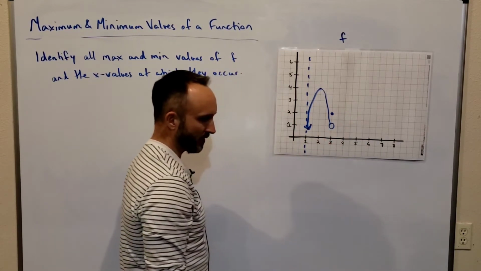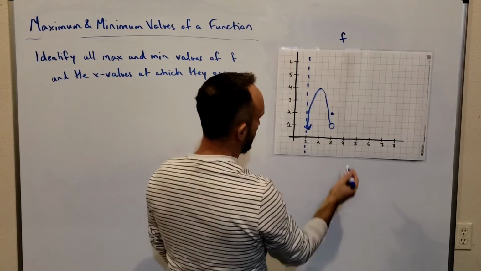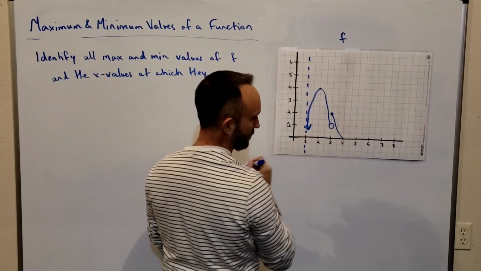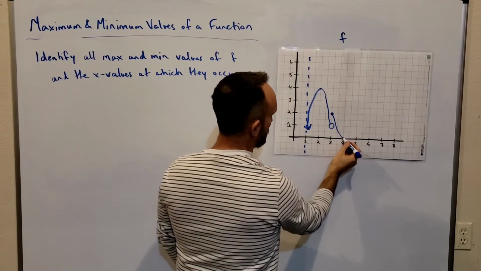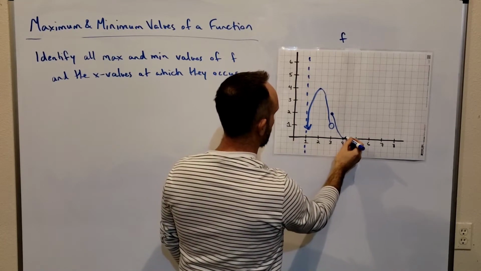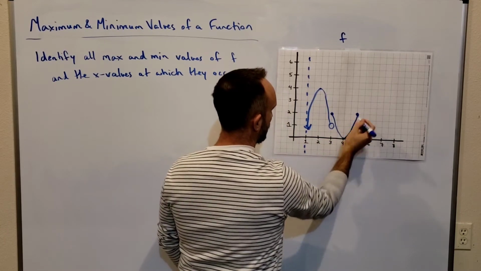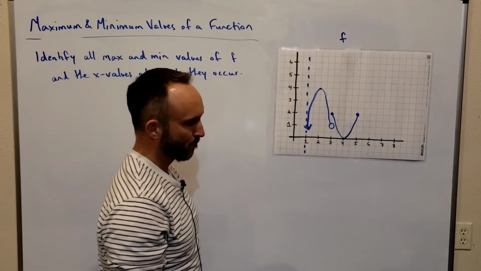Okay? And from there, it drops down to (4, 0), comes back up to (5, 2), and at (5, 2) it's got a closed circle again.